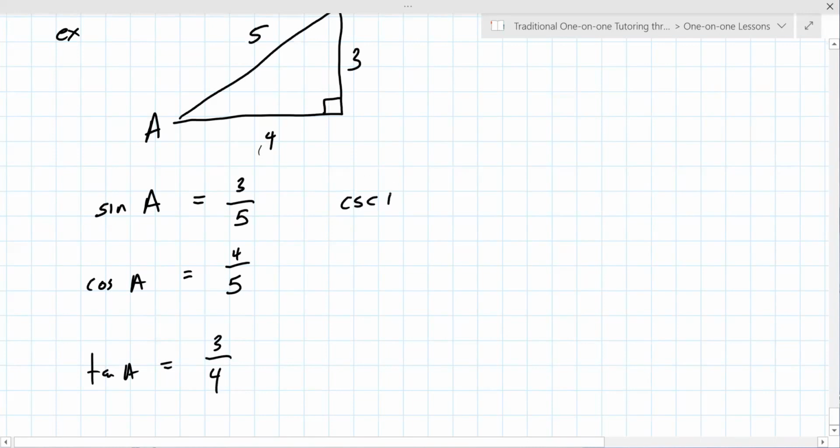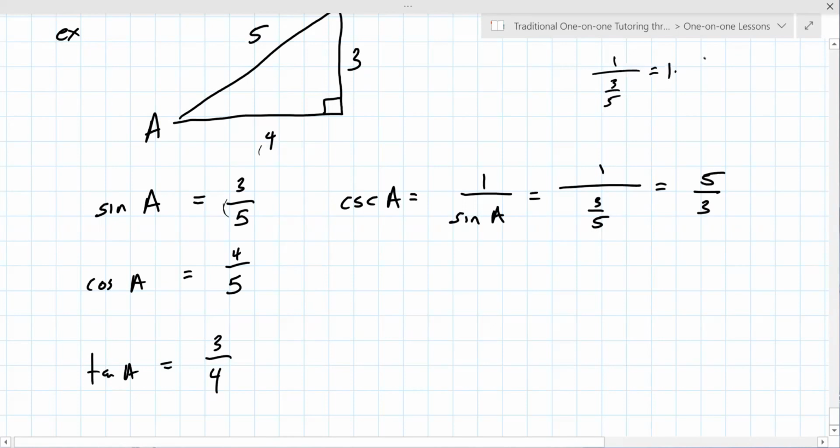The cosecant of A is 1 over sine A. It's the reciprocal of sine A. So it's really 1 over 3/5. It's 1 over this number, but you know to flip it, so 5/3. 1 over 3/5 equals 1 times 5/3.